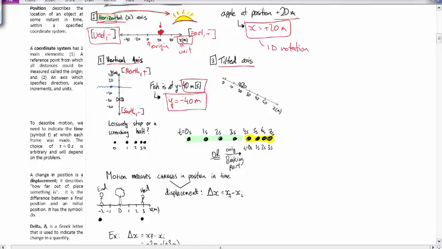Notice that the south direction is negative. That's why our 1D notation for this looks like that. Now we could also have a tilted axis where we can specify the x direction as along the hill. So the position for this car would be x is equal to plus 20 meters.